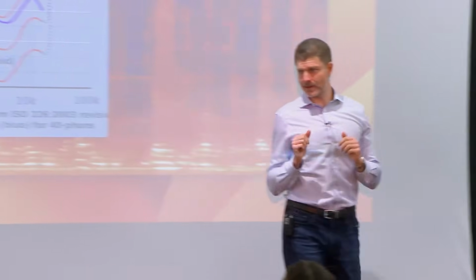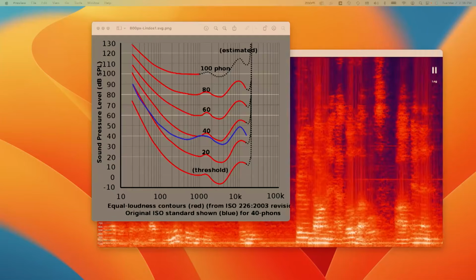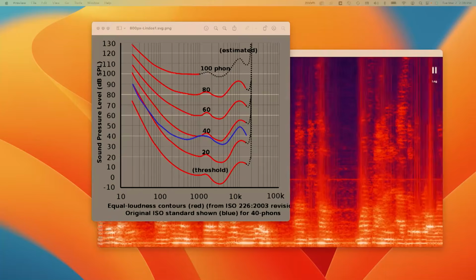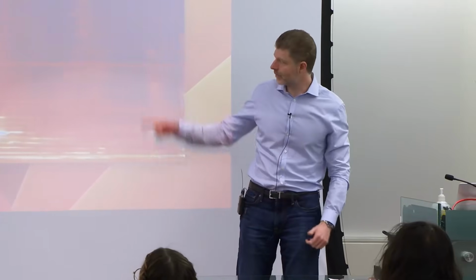So the mid frequencies will be fairly dominant at low levels, and then the highs and the lows become more prominent as the overall level of the recording increases. So, equal loudness contours: there are these interactions with intensity and with frequency.